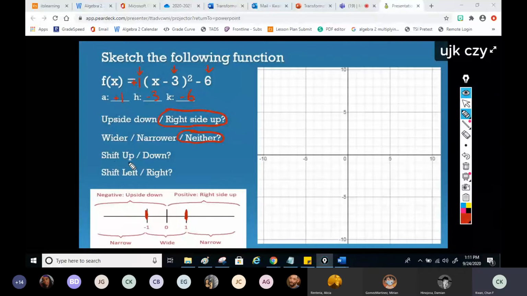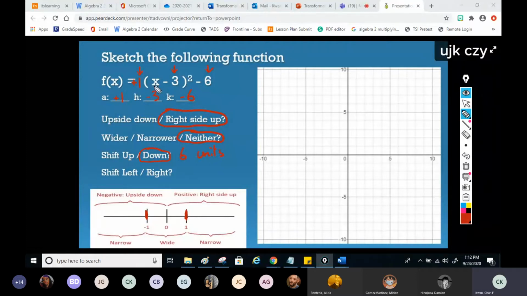And then did it shift up or did it shift down? So look at the K. The K is a minus. That means it shifted down by 6 units. And then did it shift to the left or right?